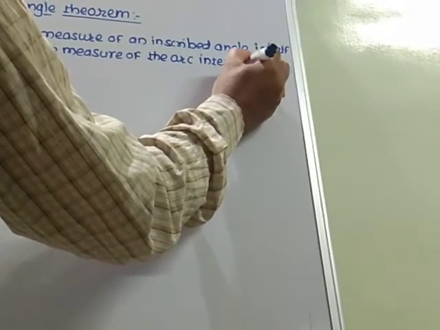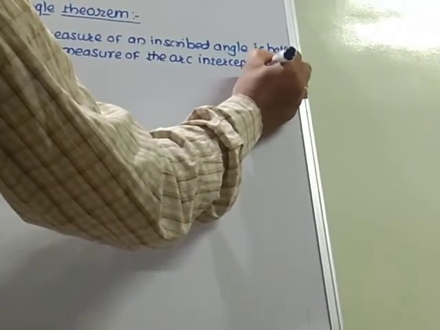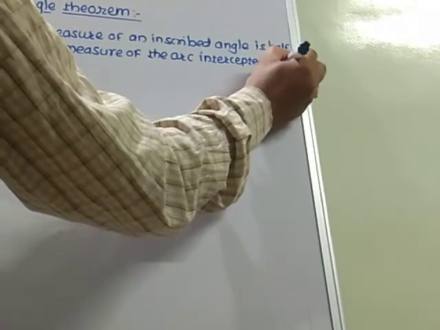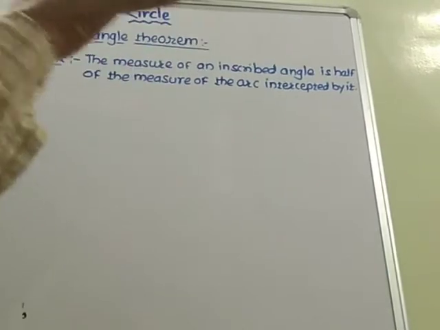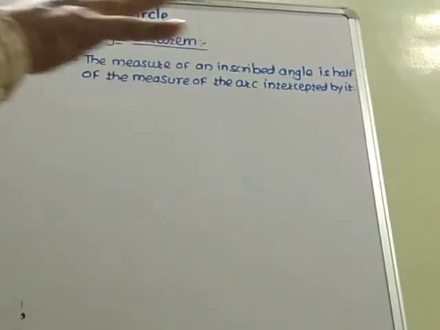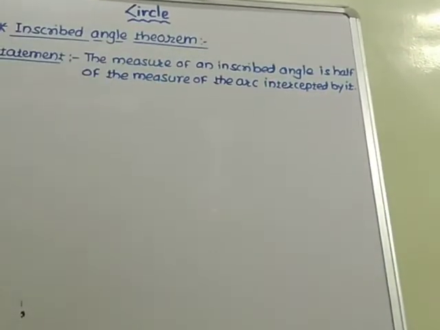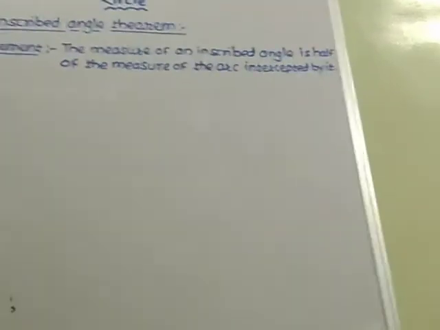That is the statement. Measure of an inscribed angle is half of the measure of arc intercepted by it.